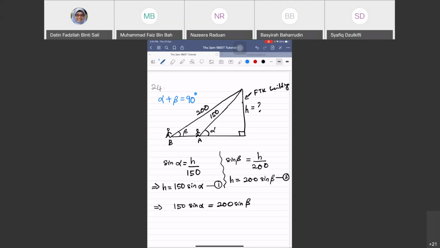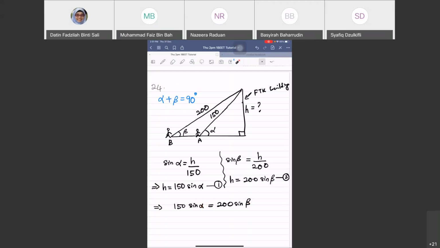If you want to solve for alpha, you need to replace beta by alpha. If you want to solve for beta, you replace alpha by beta, from this equation, because then you can re-express. Either you say alpha equals 90 minus beta, then you substitute 90 minus beta into here and solve for beta.